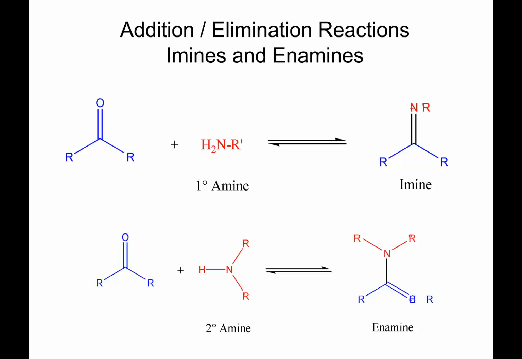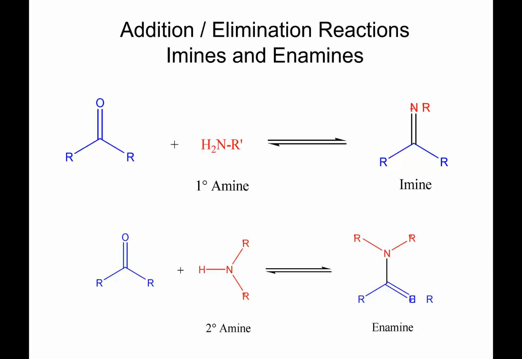So, in terms of aldehydes and ketones, we'll finish that up today. When we talked about reactions of the aldehydes and ketones, we added water and alcohols, so we've made hydrates, hemiacetals and hemiketals, and full-blown acetals and ketals.